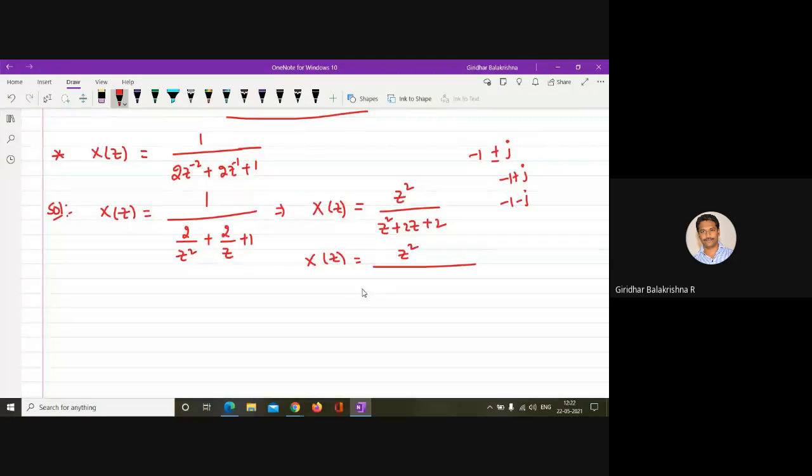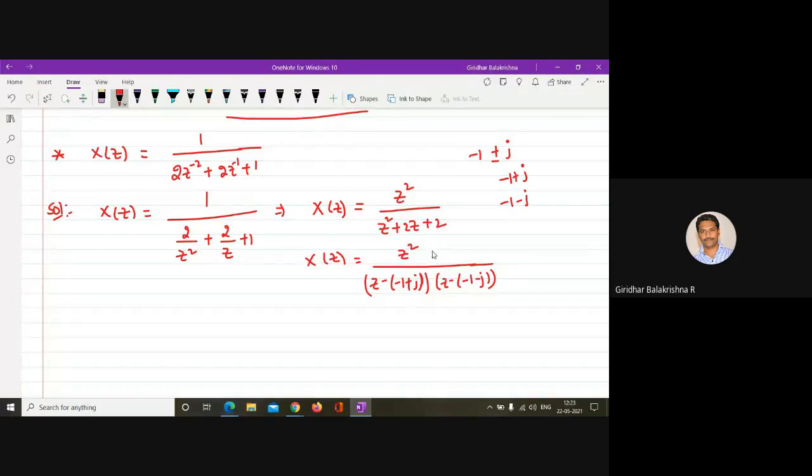Therefore, we can represent this as z minus of minus 1 plus j is one pole, and the second pole is at z minus of minus 1 minus j. Directly I am representing in terms of minus. Is this clear?